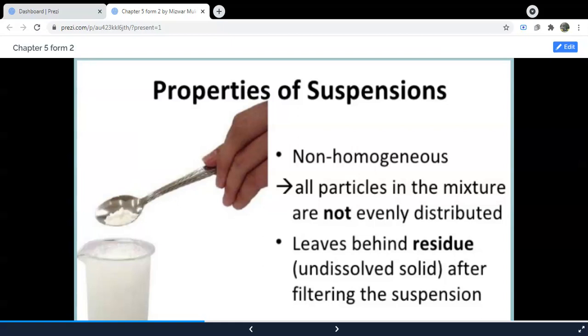Tapi untuk suspension, particle tu solute does not evenly distributed. Kalau kamu ambil pasir, kamu campur dengan air, lebih banyak pasir yang akan berada di bahagian bawah, sebabkan tarikan graviti, berbanding dengan di bahagian atas solvent tersebut.